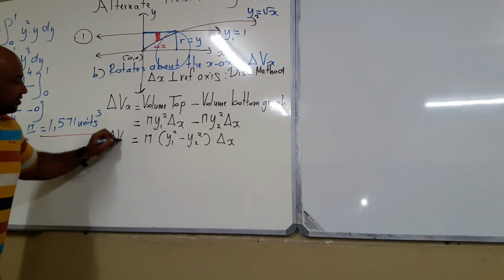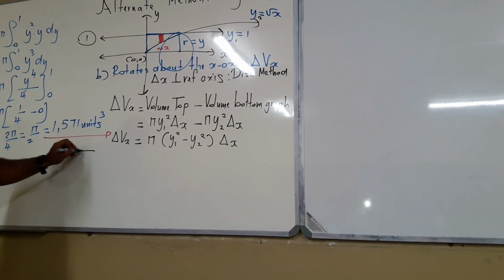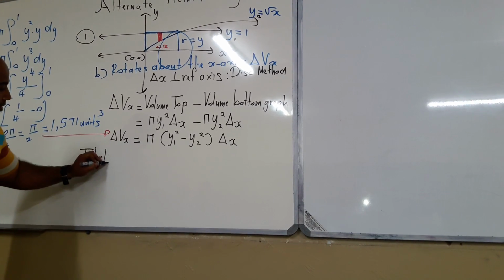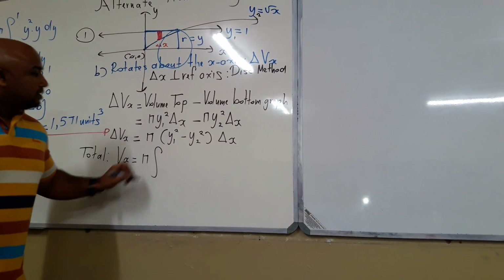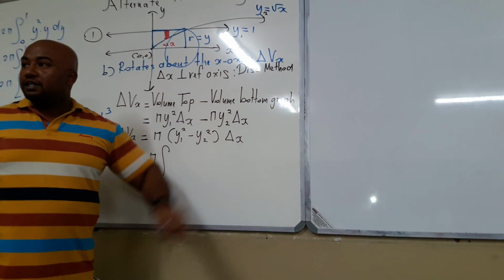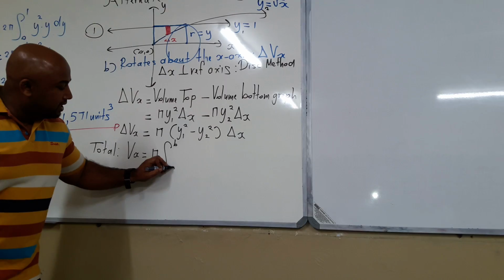This is our delta Vx. We want to work out the total volume, which is Vx. So that will be pi. Now this is delta x, so we need x values. We will label the x values as b and a.